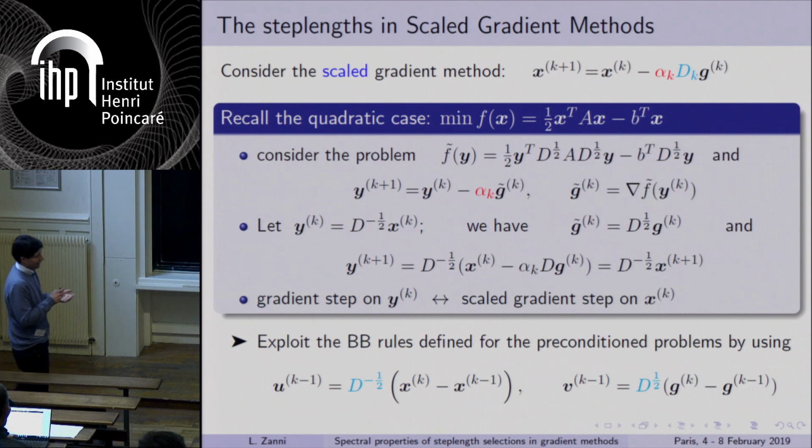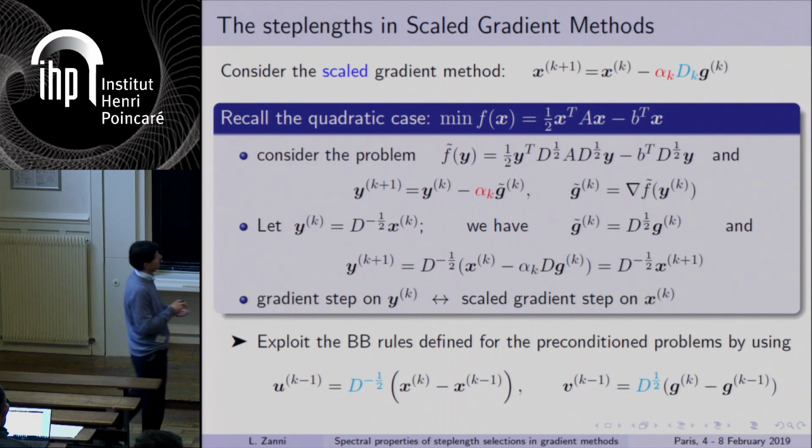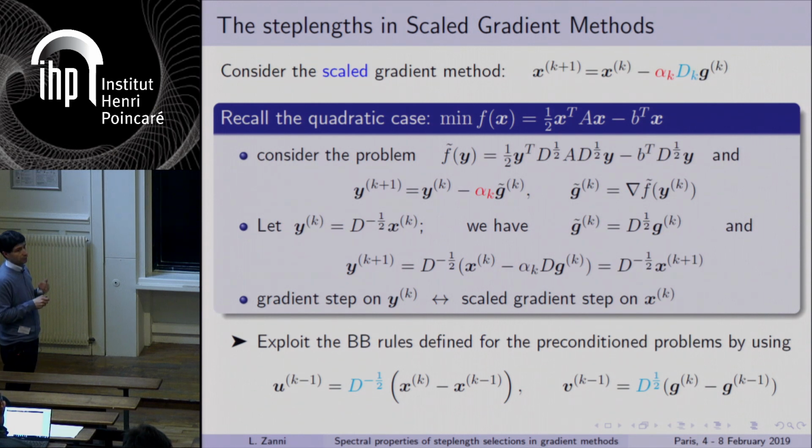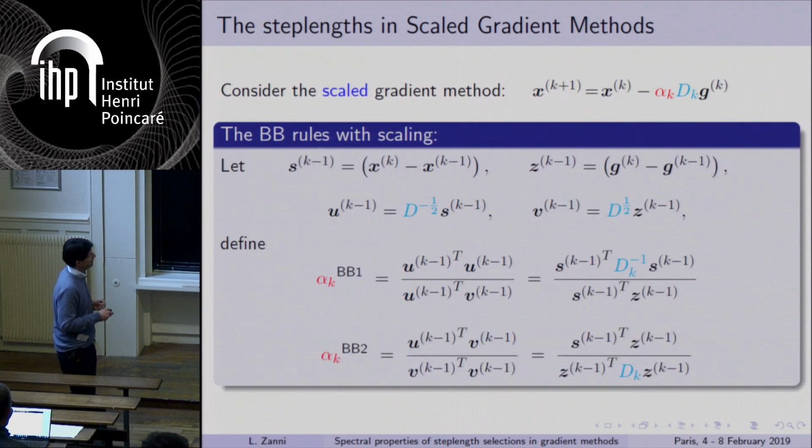Then the idea is that in the case of a scaled gradient step, the step length can be fixed to the value provided by the non-scaled step on the preconditioned problem. Then the quantities that I need to change are the difference of the iterations and the difference of the gradients that now are written in this way. By performing this choice, we have a scaled version of the Barzilai-Borwein rule that takes into account the presence of the scaling matrix. This for the BB1 rule and this for the BB2 rule. Okay?